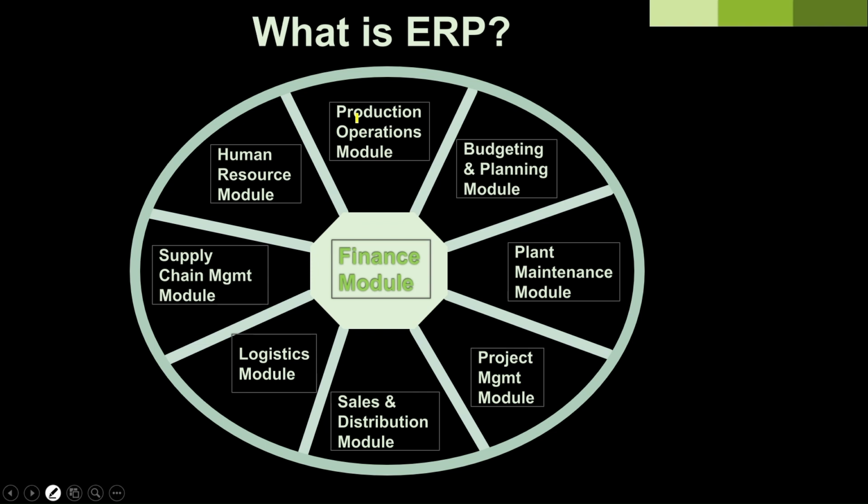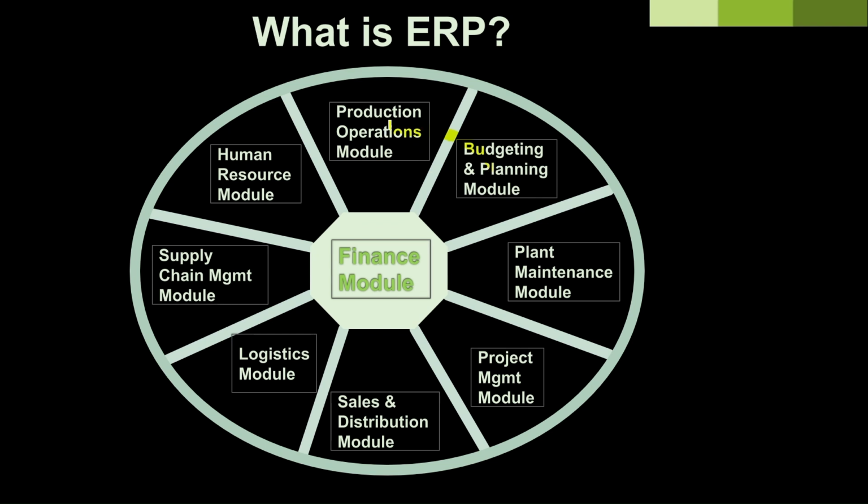Inside each module, there will be sub-modules or subsystems that cumulatively cover the requirements of that department. Within those sub-modules, there's integration. But also, more importantly, there's integration between the main modules across various departments.